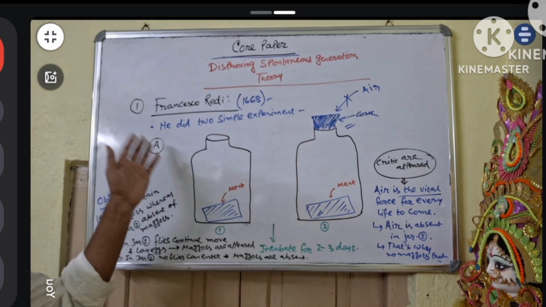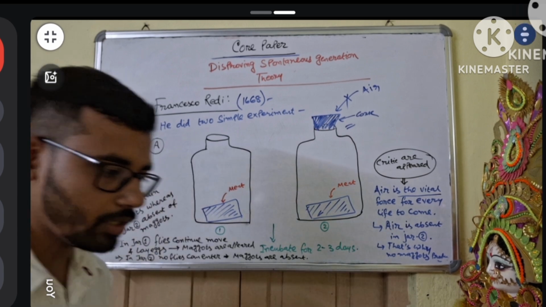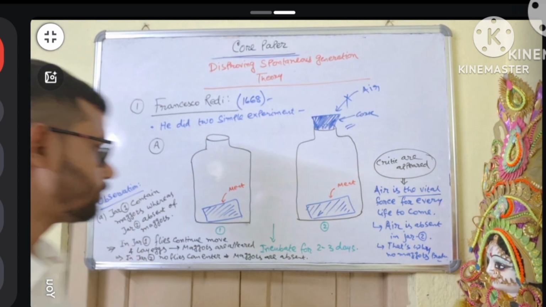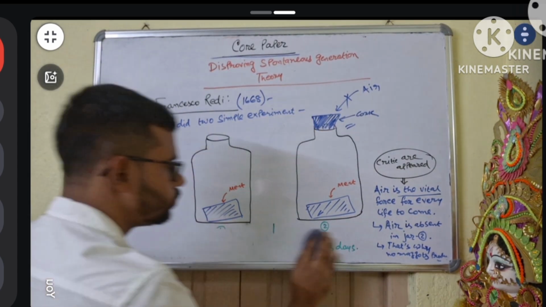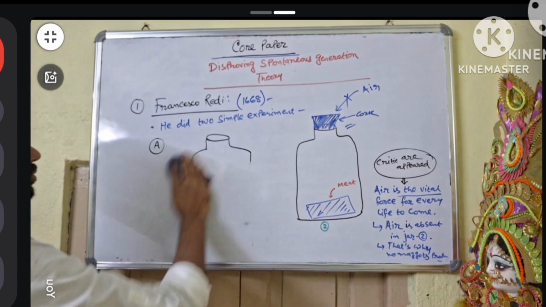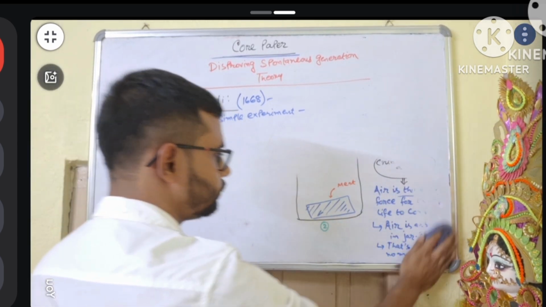So ready, go for the second experiment to answer these critics' question. Experiment number 2. Now he modified jar number 2. A simple modification.